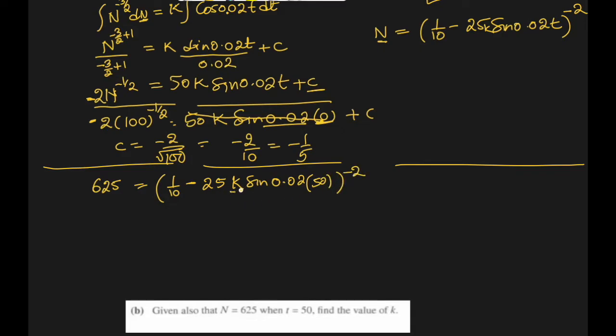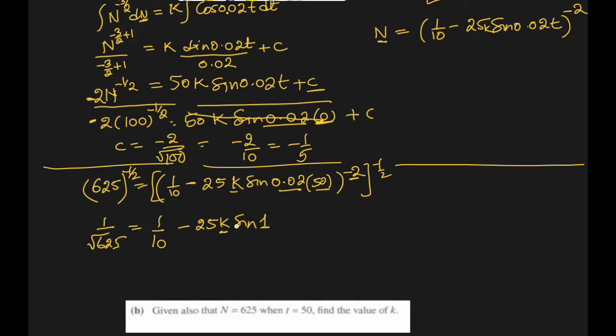We have to isolate k. Alright, so to isolate k, this minus 2 should go. So again we'll give the same power minus half here and minus half to the other side also. So it becomes 1 over square root 625 equal to 1 over 10 minus 25k sine 0.02 times 50 will be 1.